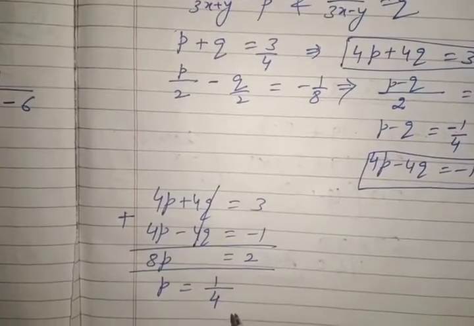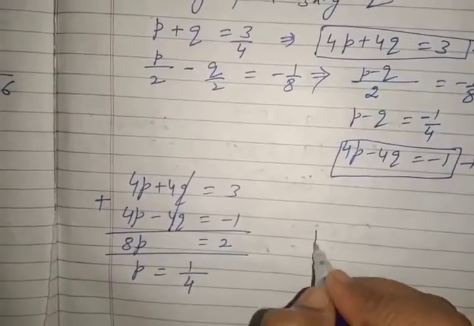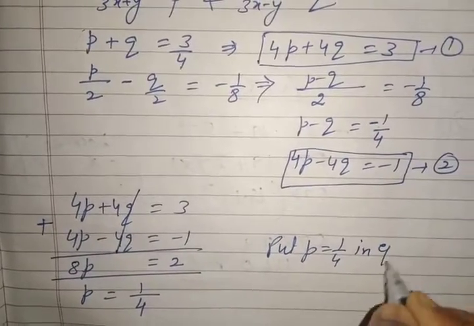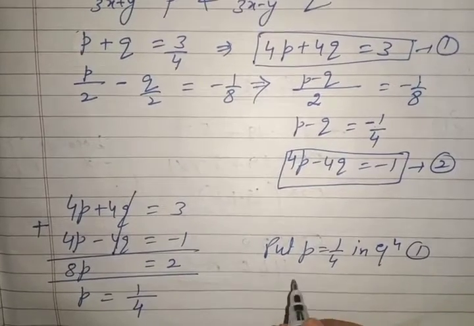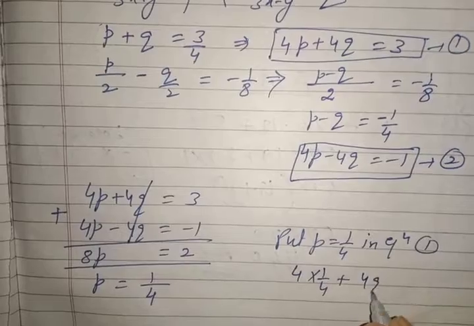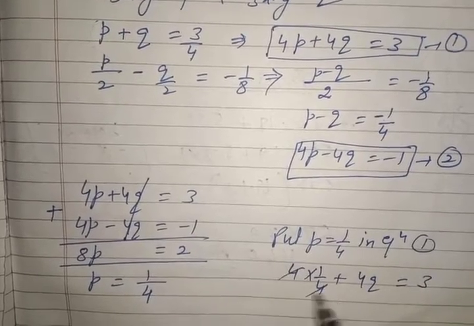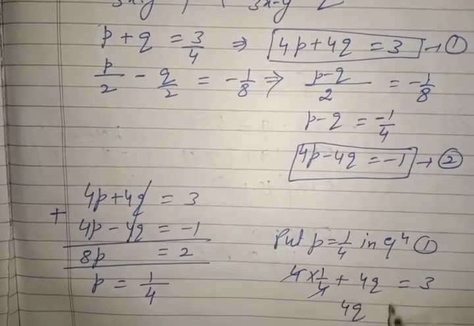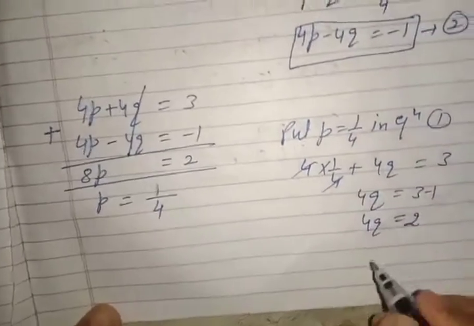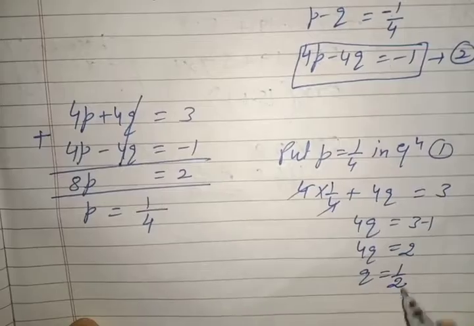P is equal to 1 by 4, and put p is equal to 1 by 4 in any equation. So I am putting it in the first. 4 into 1 by 4 plus 4q is equal to 3, and shift this 1 to the other side, 4q is equal to 2. So q is equal to 1 by 2.